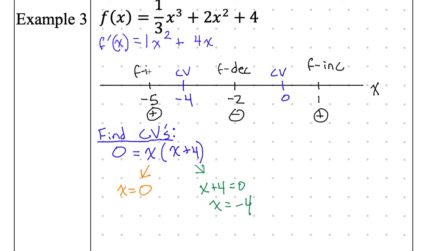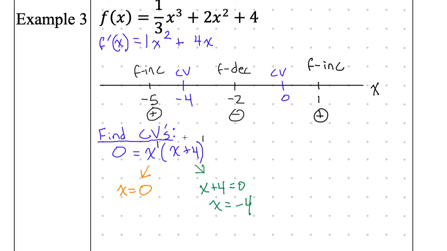F increasing. As a general rule of thumb, whenever you have it in factored form, if the power is odd, this is to the power of 1, if the power is odd, you will always switch signs over the CV corresponding to that 0. So when I jump over that CV because it was an odd power, I will switch signs.